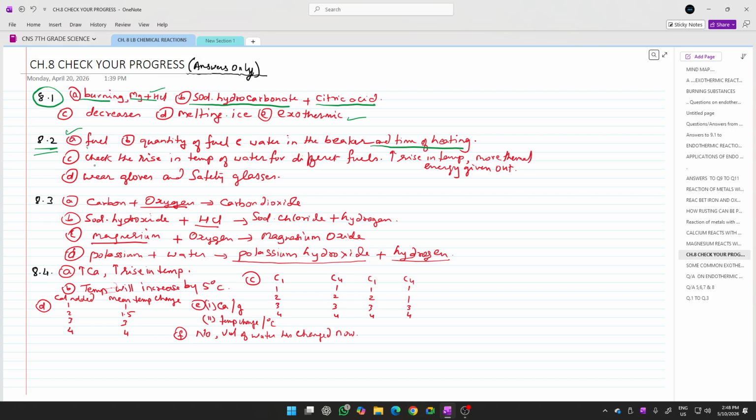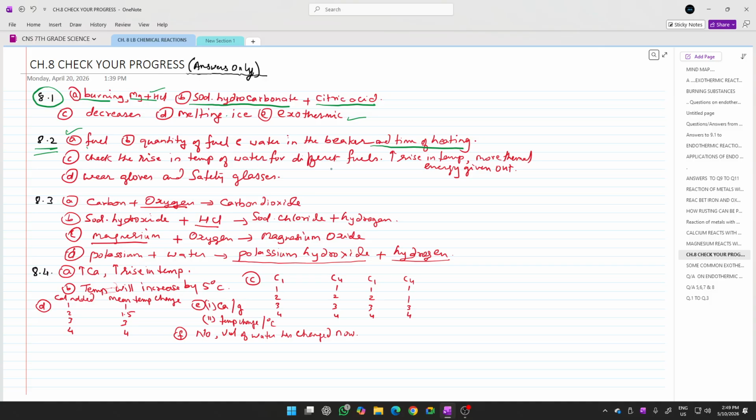Explain what he must do in order to identify which fuel gives out more thermal energy to the surroundings. The answer should be to check the rise in temperature, and in which case the rise in temperature is more.